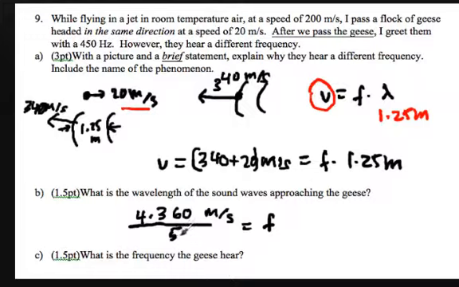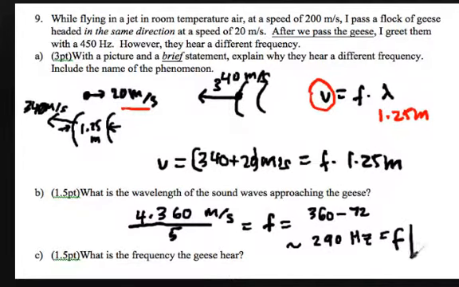So that is roughly 8 tenths of 360, which is 360 minus 72. About 290. Let's call it 290 hertz is the frequency that the geese hear.